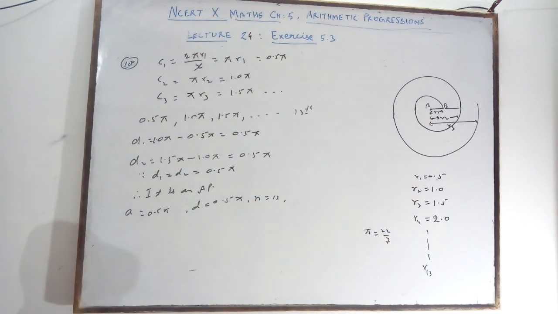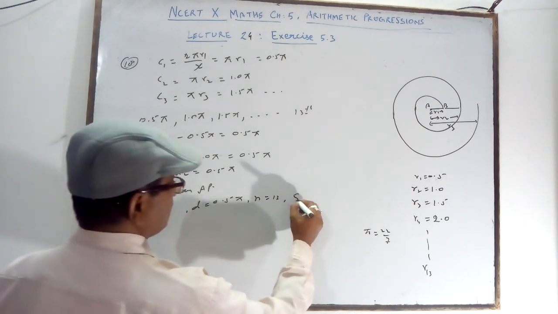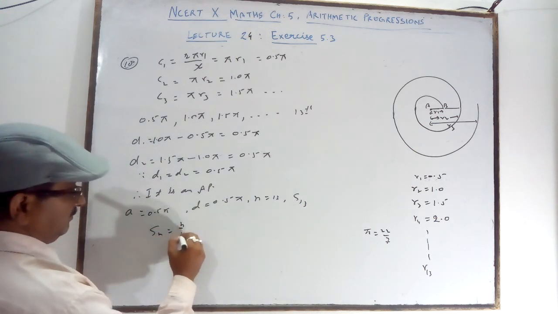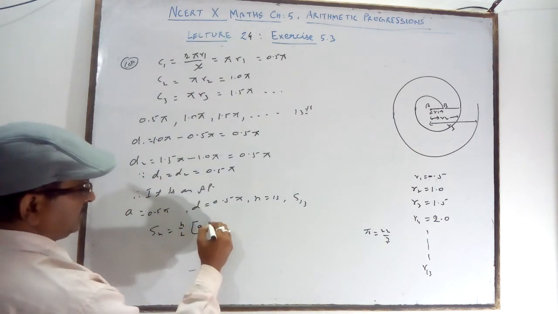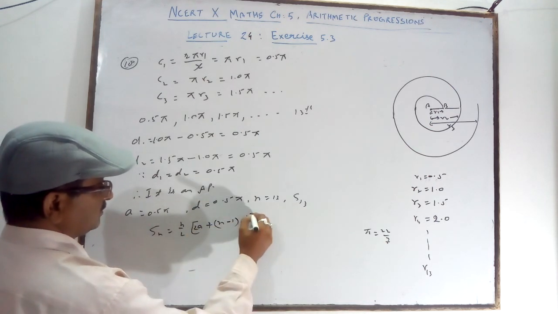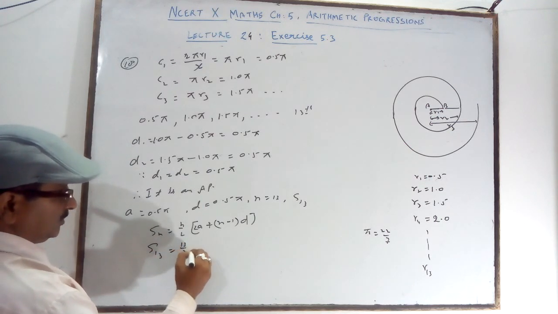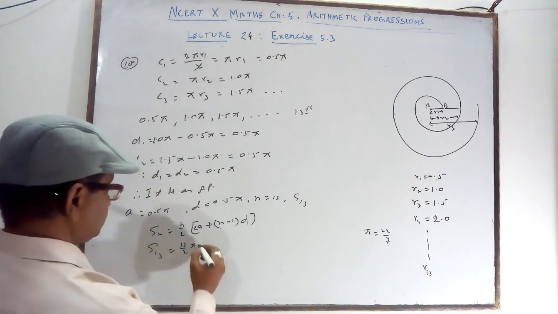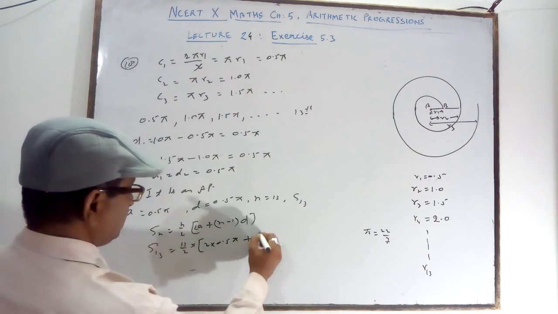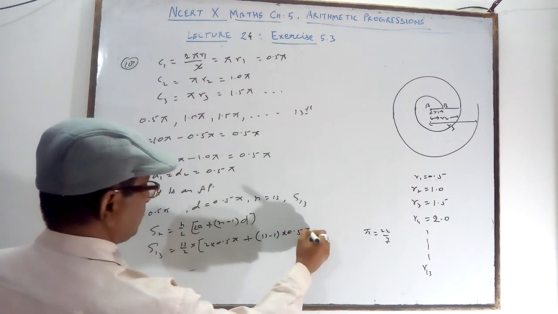You want to find out S13. Sn is equal to N by 2 into 2A plus N minus 1 into D. So S13 is equal to 13 by 2 into 0.5 pi plus 13 minus 1 into 0.5 pi.